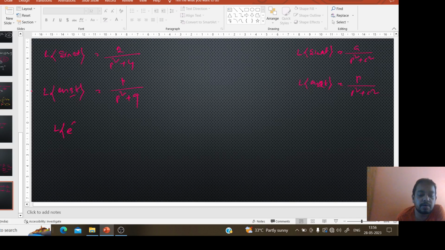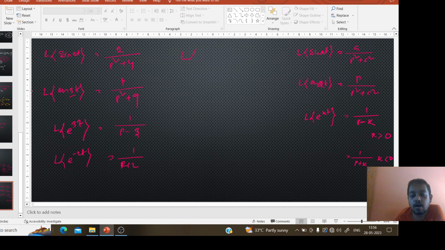L of e to the power 3t. Here you know L of e to the power kt is 1 by p minus k when k is greater than 0 and 1 by p plus k when k is less than 0. So L of e to the power 3t will be 1 by p minus 3, and L of e to the power minus 2t is 1 by p plus 2.